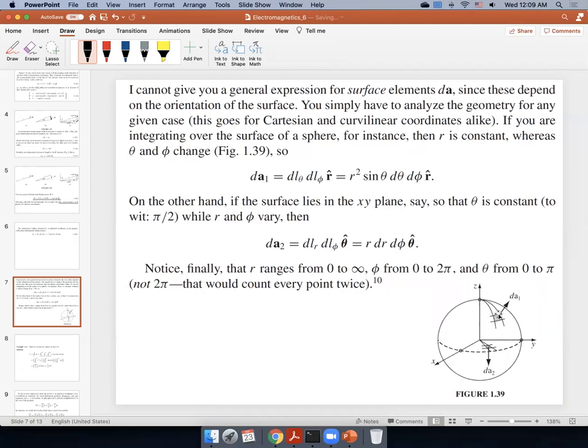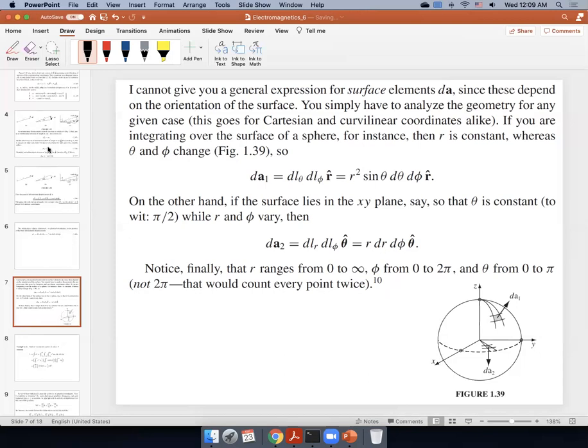So this is your dA. It's an infinitesimal small surface shown here. Of course, in this case, r doesn't change. The only things that change are theta and phi. So dA equals the magnitude of dL theta times the magnitude of dL phi.